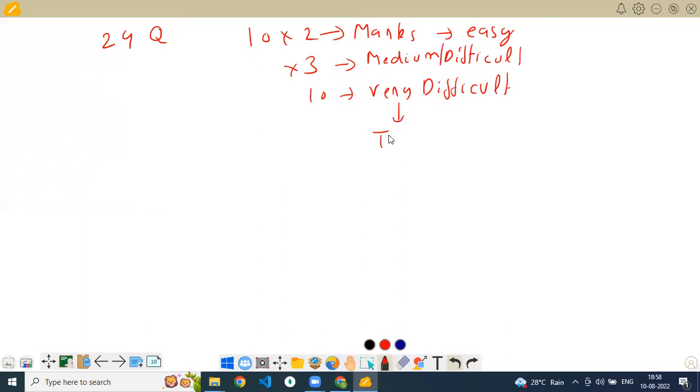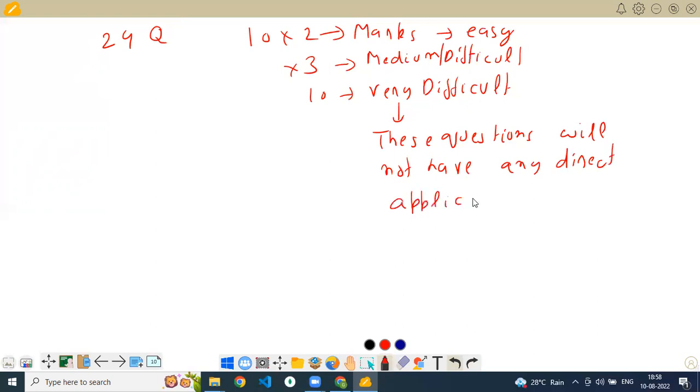These questions will not have any direct application of formula. Formulas will be there, but after using that formula, you may have to do a lot of manipulations.